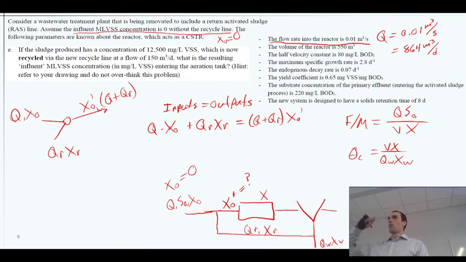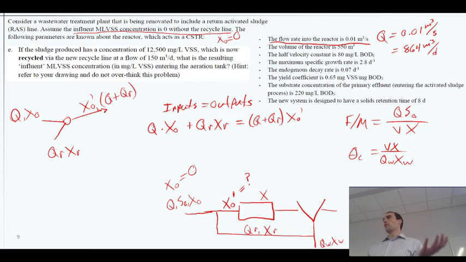What we're actually looking for is this actual amount of X coming into the reactor after that recycle line has joined. We have some new flow rate that has that added recycle flow and some new X concentration added from that recycle line.